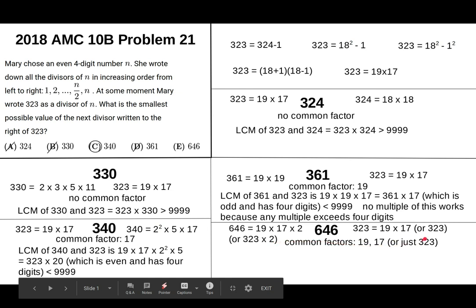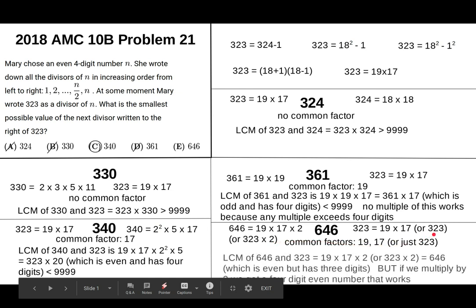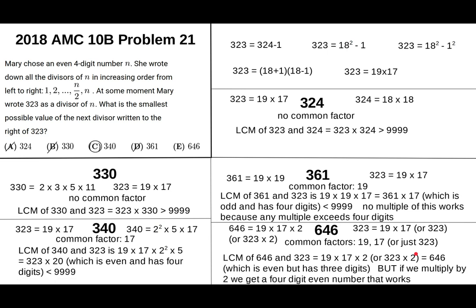So the LCM of 646 and 323 is 19 times 17 times 2, or just 323 times 2, which is 646. It's even, but it has 3 digits, so it looks like it's not going to work. But if we multiply by 2, we get a 4-digit even number that actually does work. So 646 actually will work.